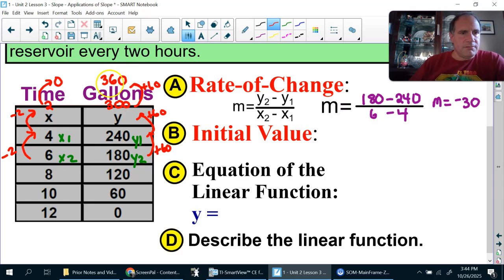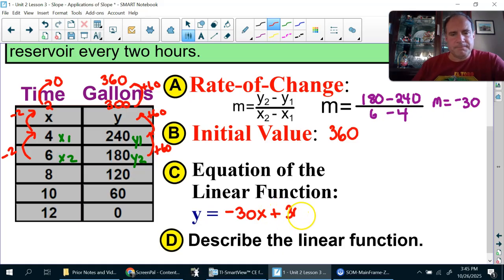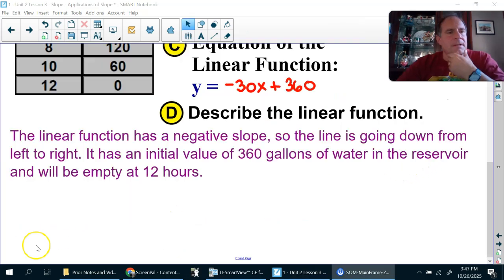So 0, 360, initial value 360. The linear function, the equation in slope-intercept form, is y equals negative 30x plus 360.